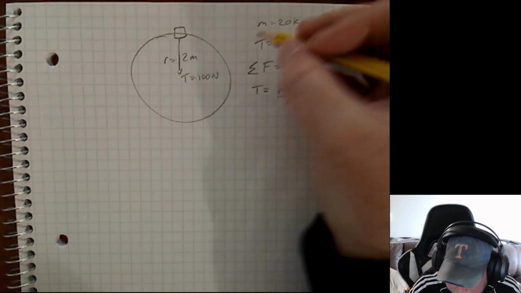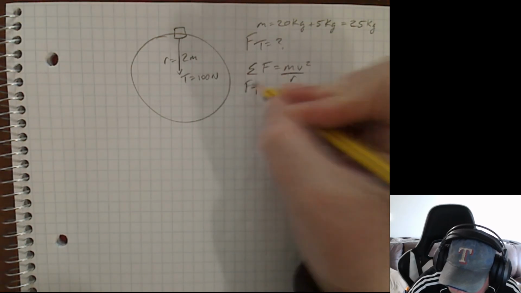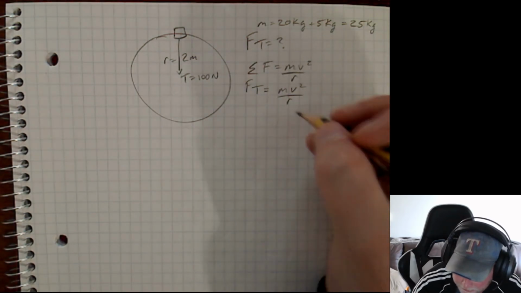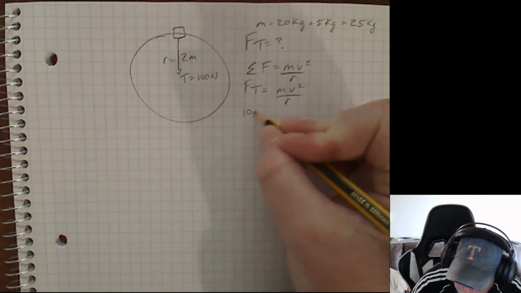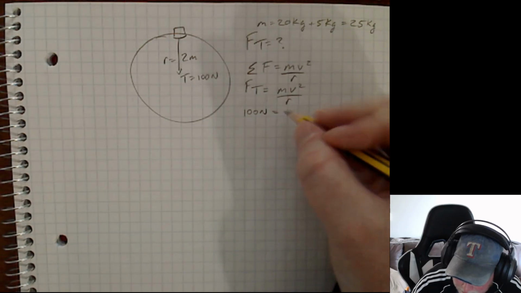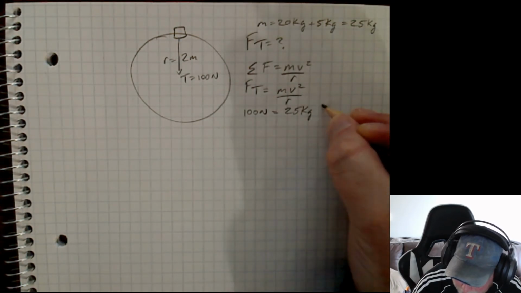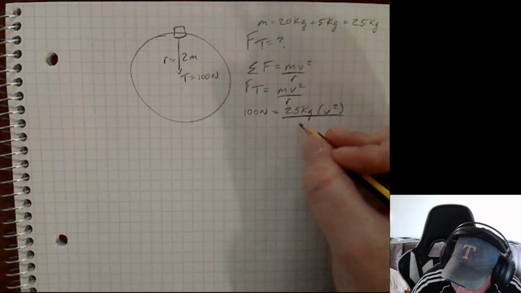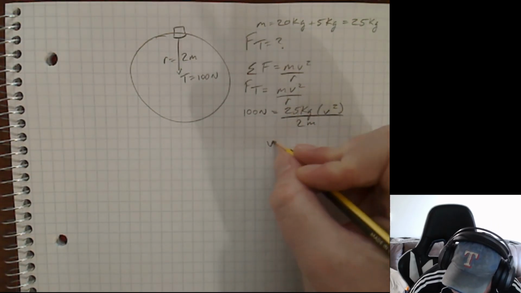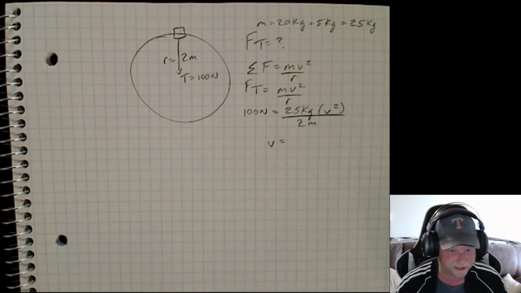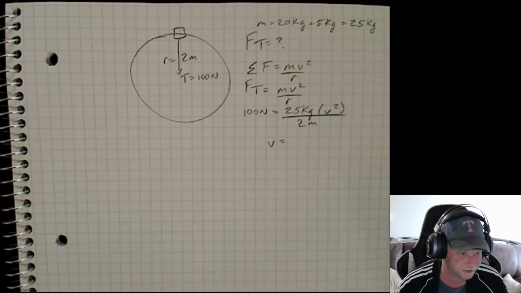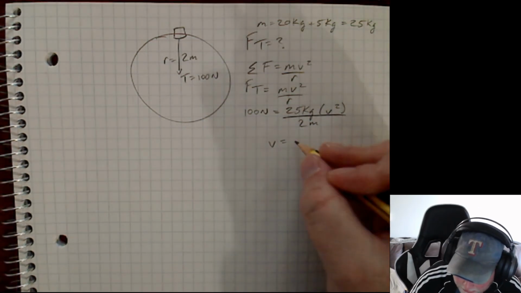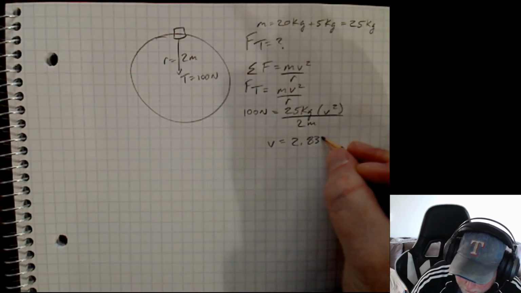And since T is period in this unit, we might want to put F_T just to be extra clear. So 100 newtons is equal to 25 kilograms times our unknown speed squared over a radius of 2 meters. If you solve for the instantaneous velocity, or the linear speed of the child, you get 2.83 meters per second.